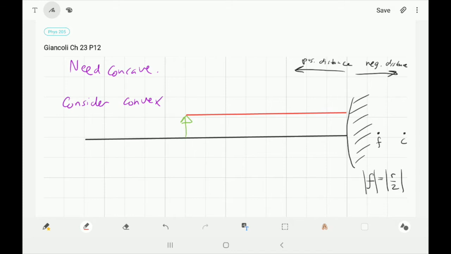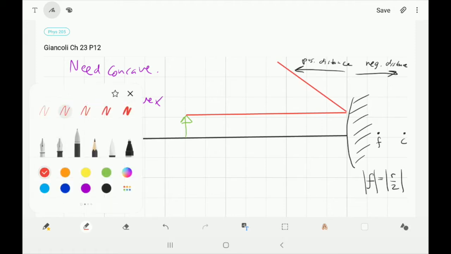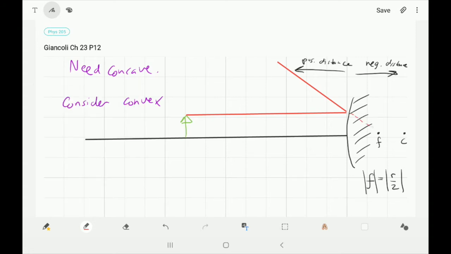So I should draw that ray like this, because that would be moving away from the focal point. In fact, I'm going to extend this line to prove to you that not only does it move away from F, but also if anyone else was out here looking at these rays, they would say, hey, there's a ray that comes from back there, or at least it looks like it. That is considered a virtual ray.